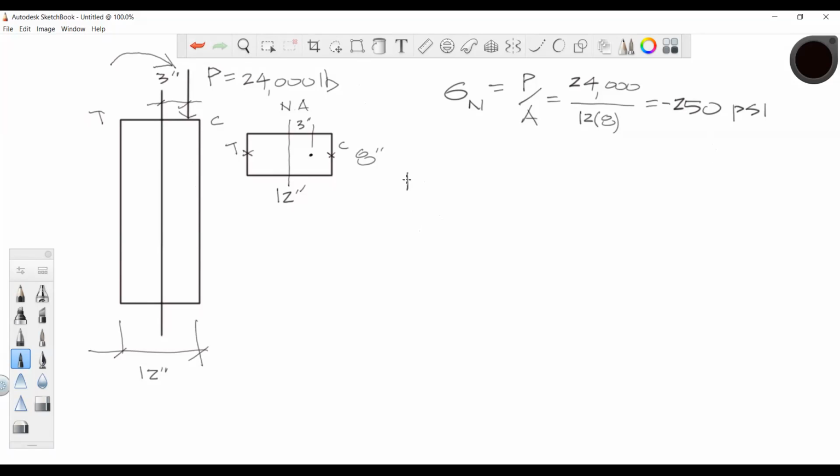Now we have a bending moment. Remember, the moment is equal to P times e. P is 24,000 pounds times the offset distance, which is 3 inches. So that moment is 24,000 times 3, which gets me 72,000.